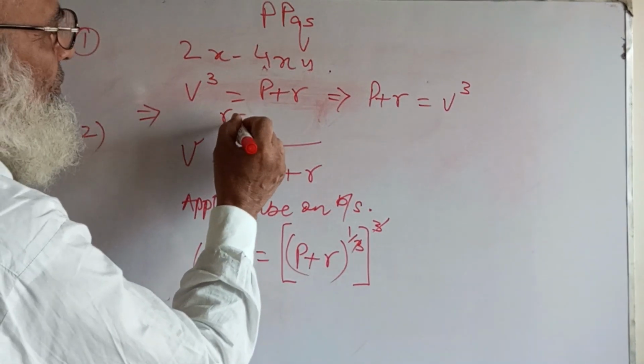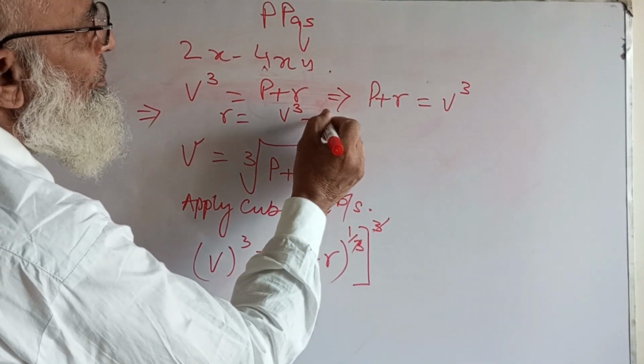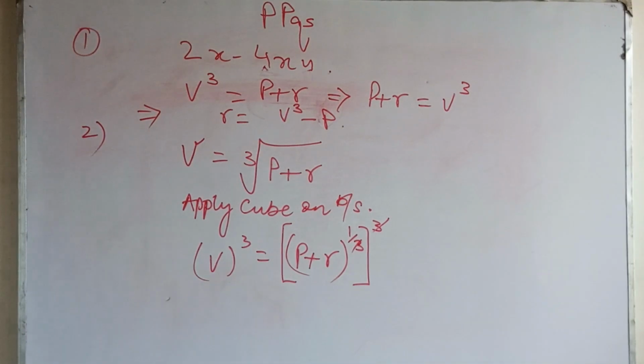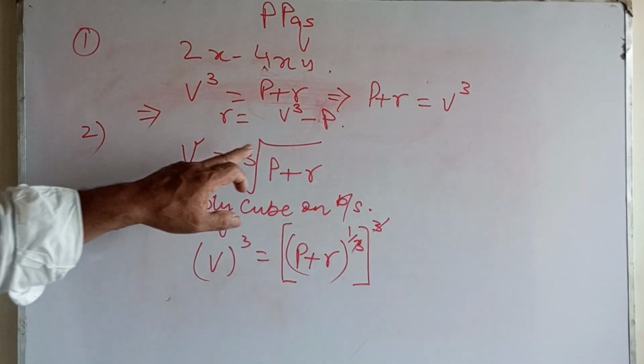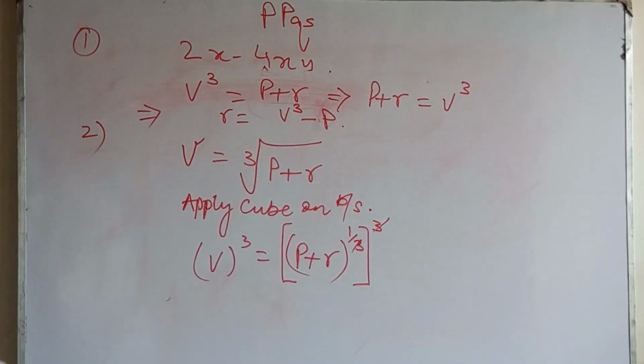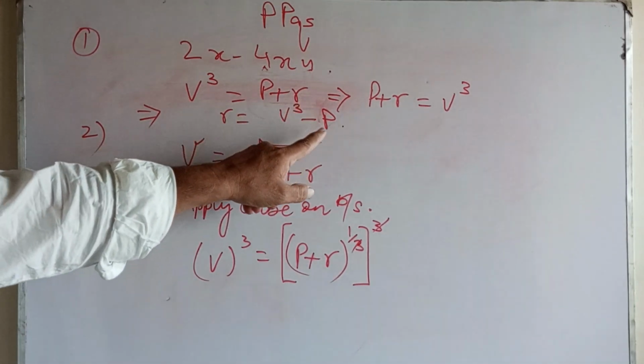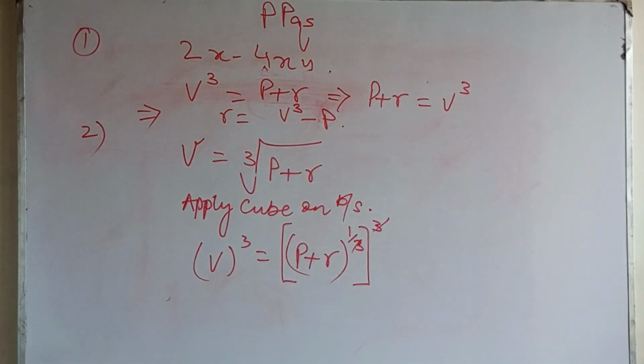So R is equal to V cube minus P. This is because P is positive here, so when it goes to the other side, it becomes negative. V cube minus P.